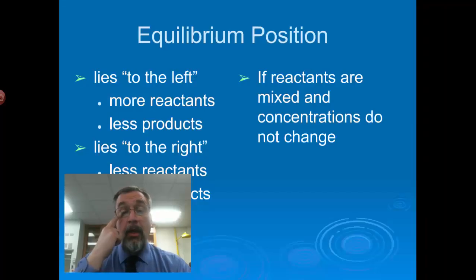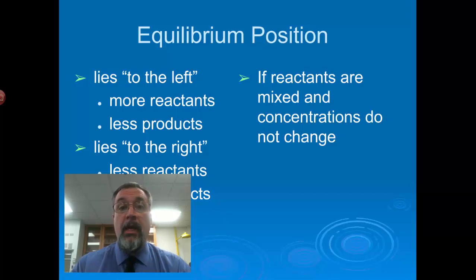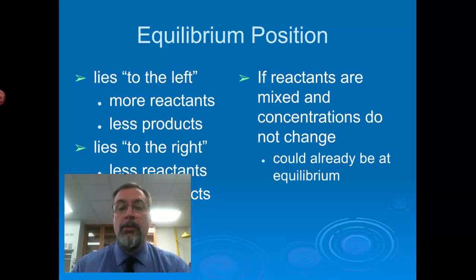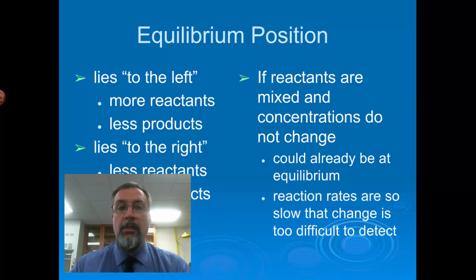Okay? If you mix your reactants and nothing seems to happen, the concentrations don't seem to change, it means that the reaction could already be at equilibrium. That's a possibility. The rate of forward reaction might be so fast that it gets to equilibrium very quickly. Or it means that the rate is so slow that you can't really detect the change that's happening.